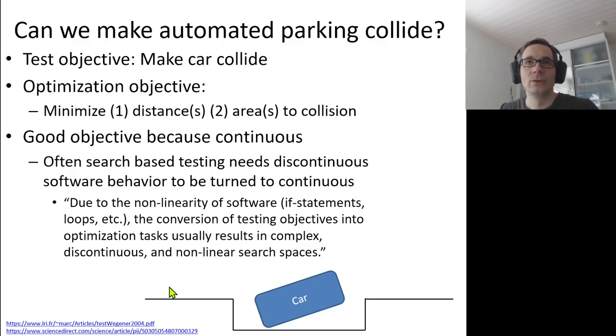And these are good optimization objectives because they are continuous. Now, often in search-based testing, the discontinuous software behavior needs to be turned into continuous. And this discontinuous behavior would be the car collides or it does not. But when we measure the distances or areas to the collision, this is continuous.